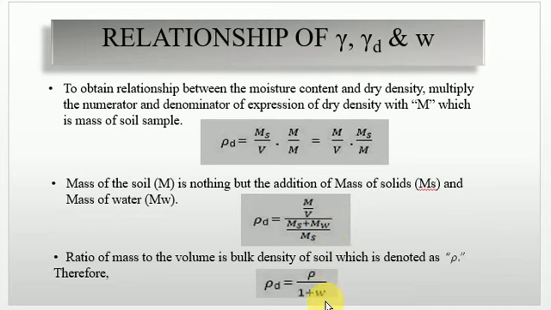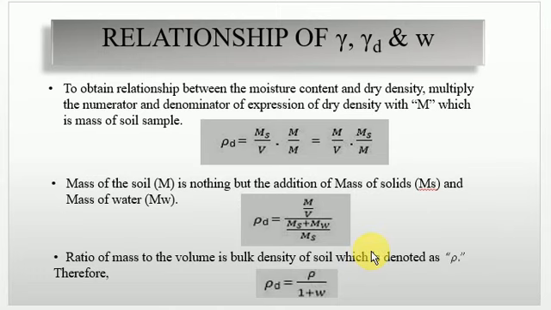As I told you earlier, weight of water over weight of solids is the water content. So the dry density rho d or gamma d is equal to gamma b over 1 plus w, or rho over 1 plus w. This is how we can solve for the relationship between the different basic physical properties of soil.